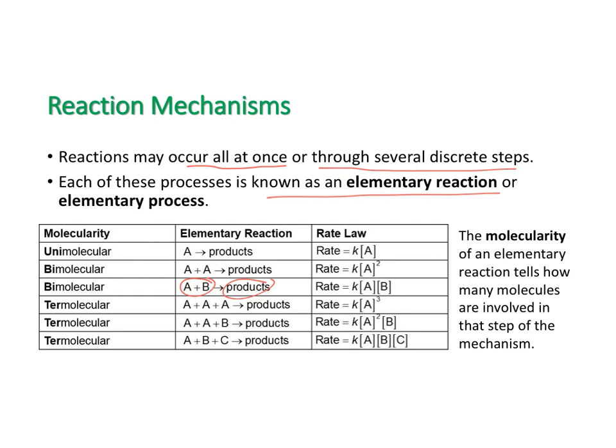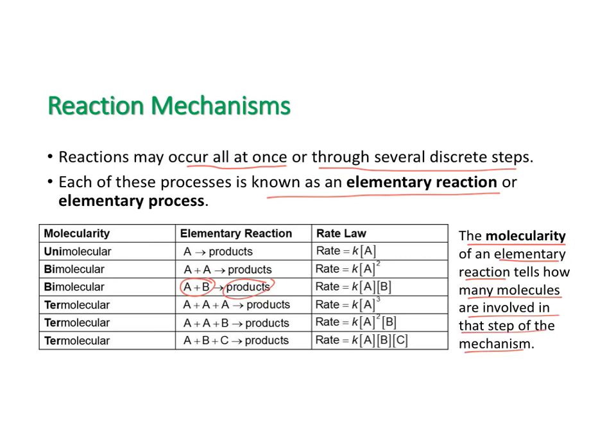And we have a term to describe these elementary reactions called the molecularity. So molecularity has to do with what is involved and how many molecules are involved in that step of the mechanism.